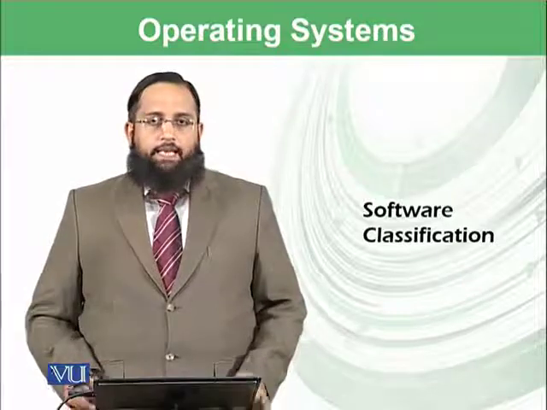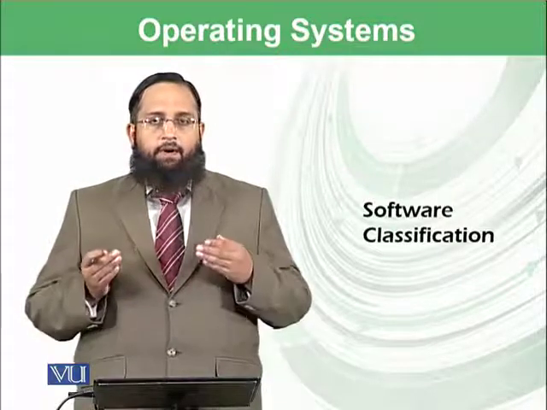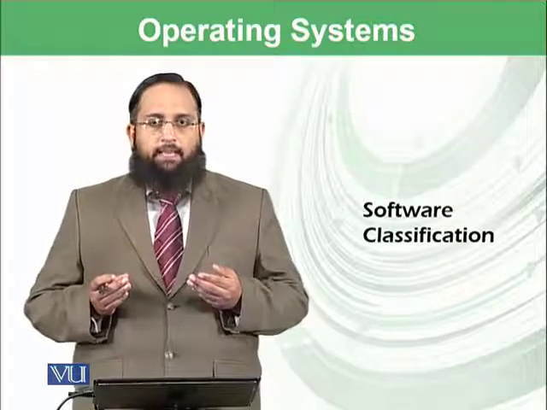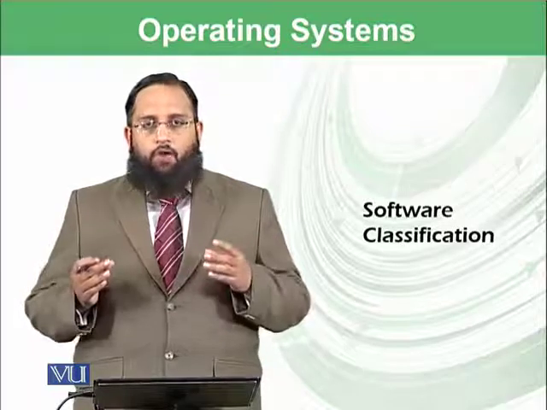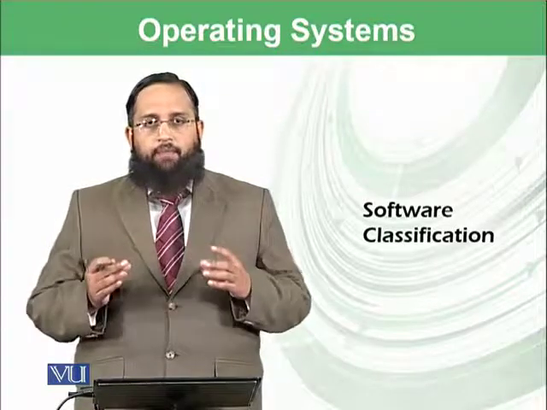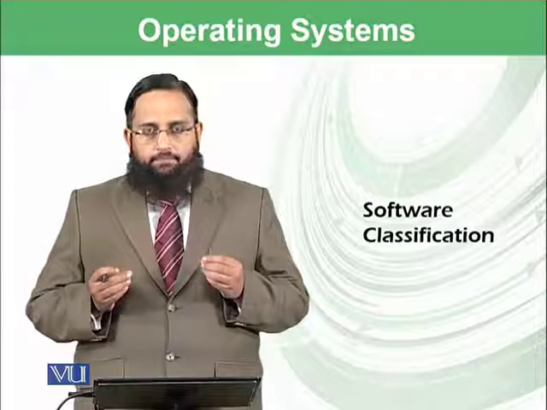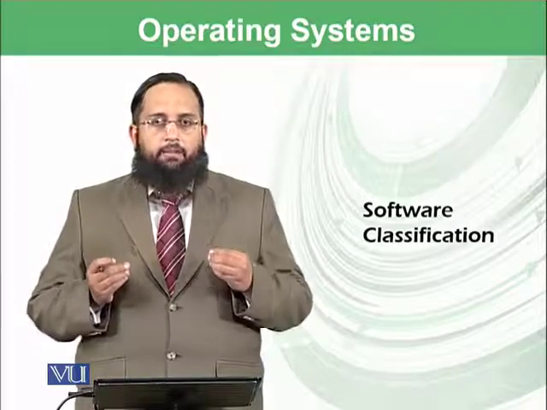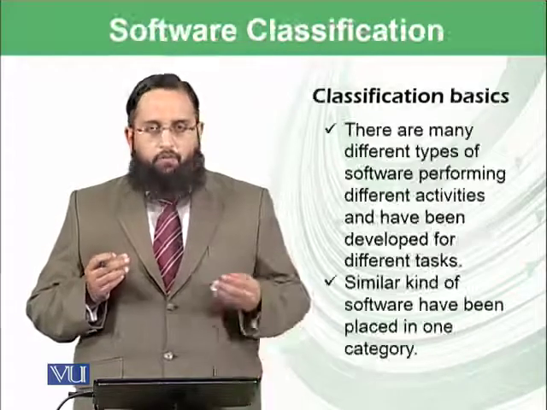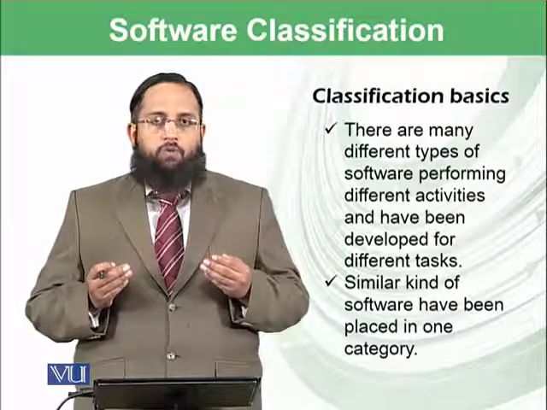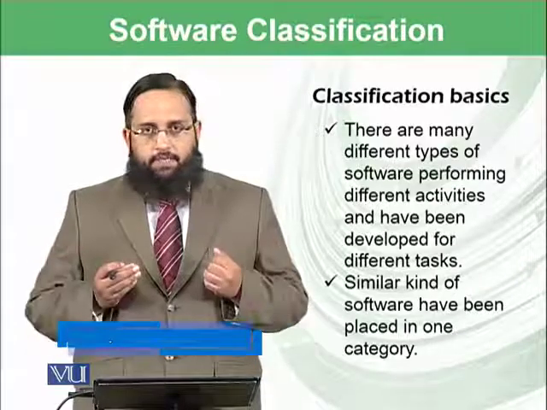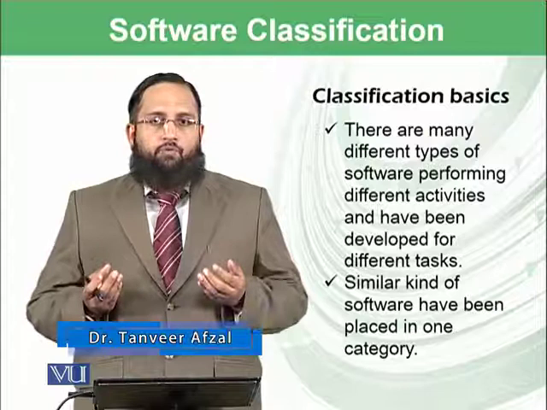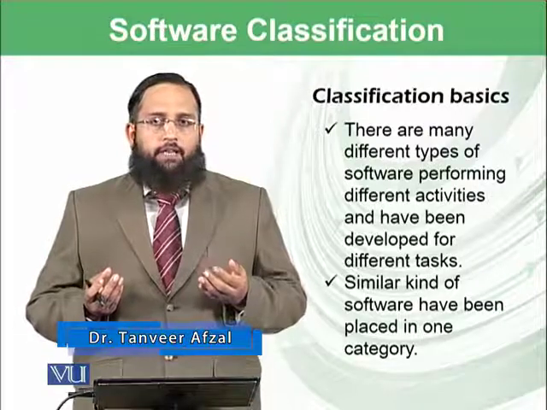You know that software is a particular program that is written to solve a certain problem in computer science. There are many different types of software, and those perform different operations. You might have used different software to date.